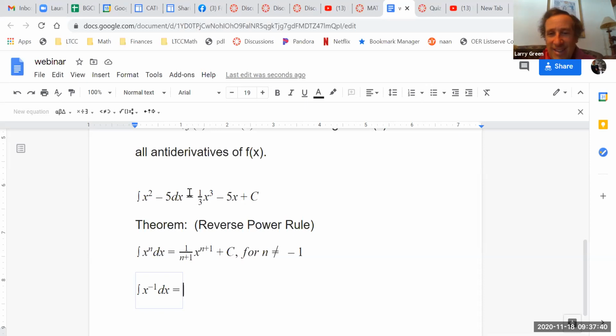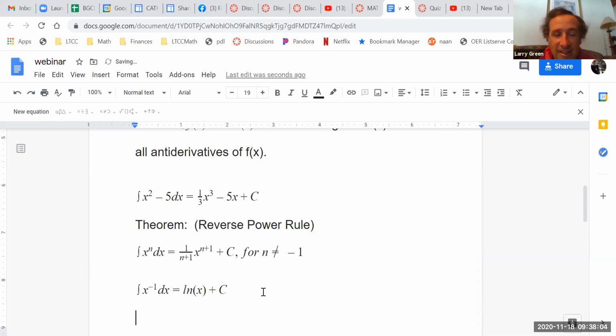Let me put it in a different way. Can you think of a function whose derivative is 1 over x? I hope you all can. Yeah, ln of x. But you missed a point. Plus c. Any questions on understanding these integrals or antiderivatives?